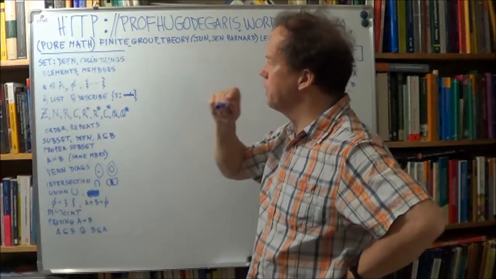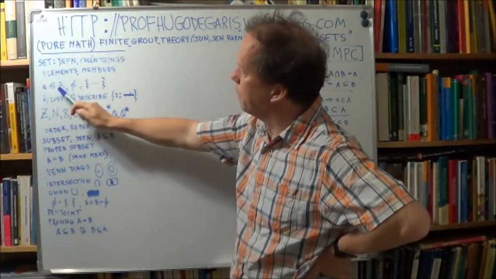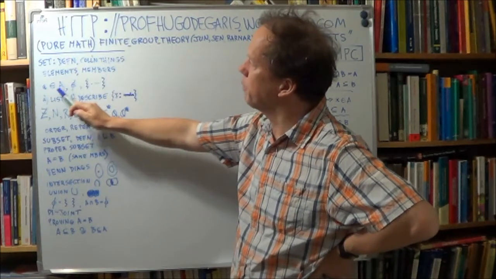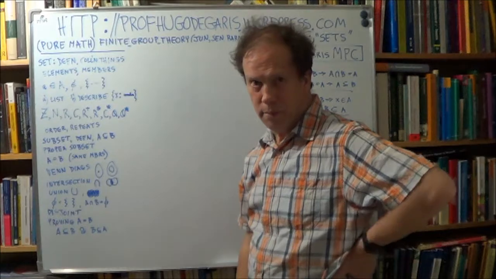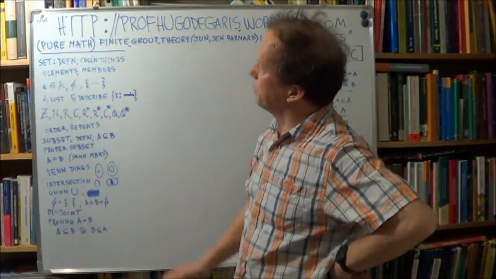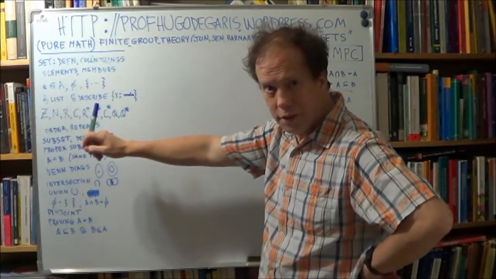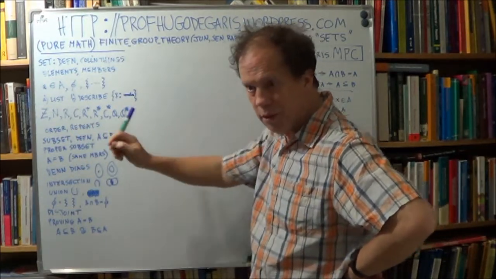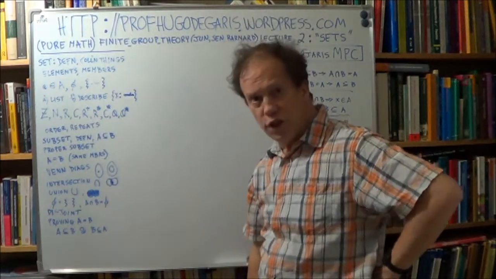In terms of notation, a set is often represented by a capital Roman letter, like capital A. And so this little a here would represent a member or an element of the set. And this epsilon, the fifth letter of the Greek alphabet, like the E, means belongs to.